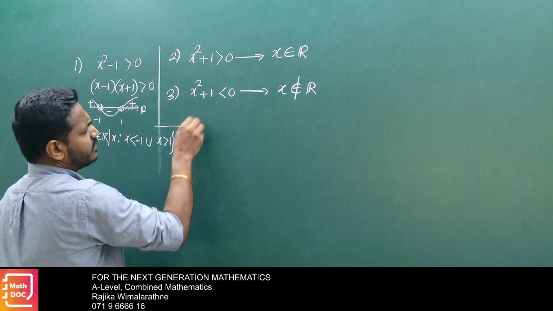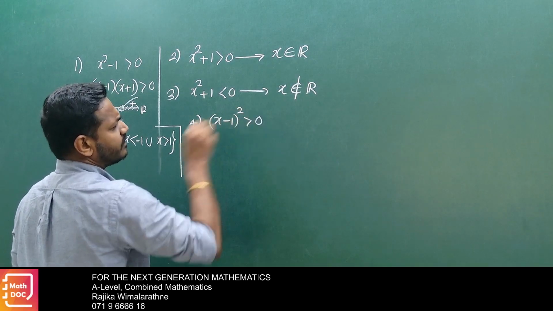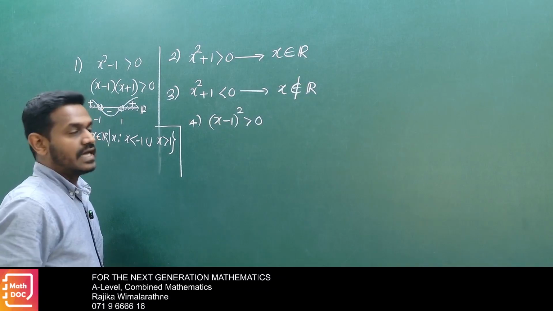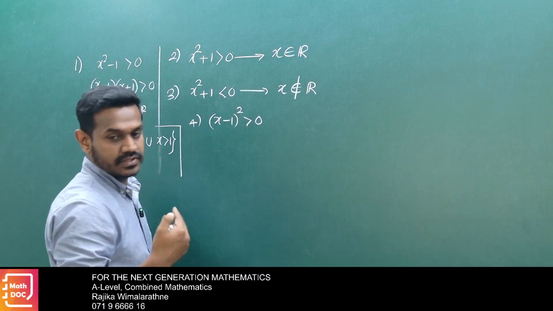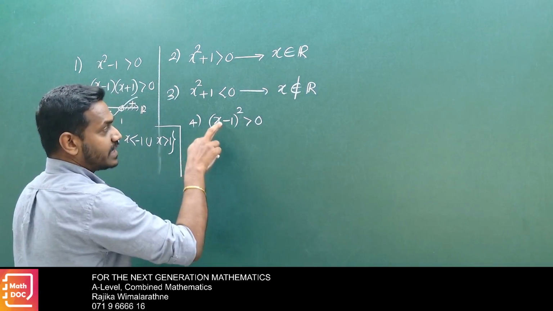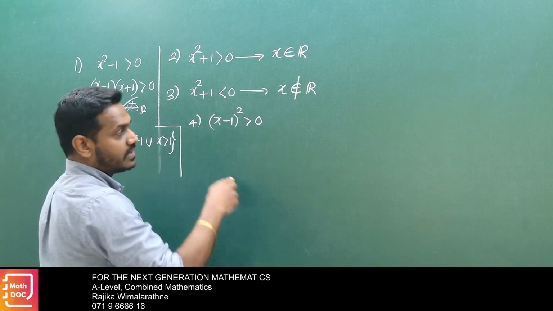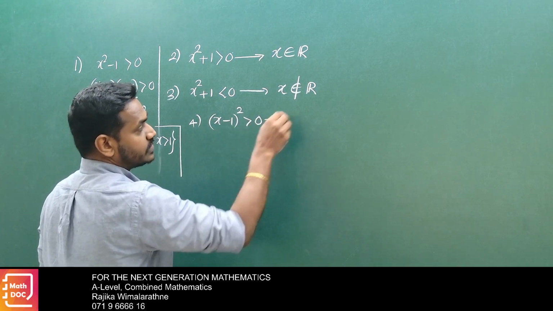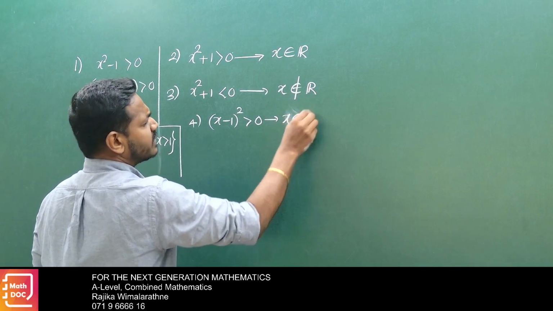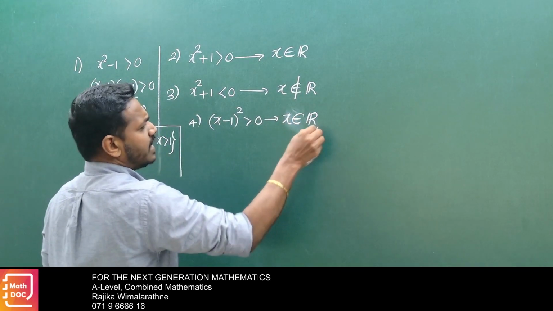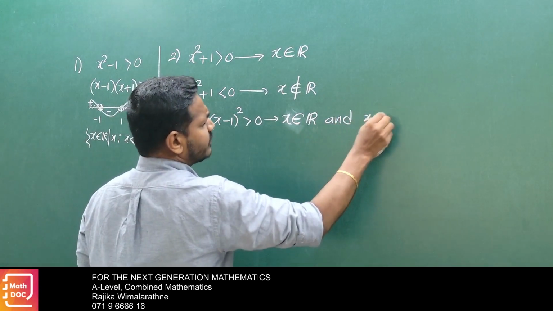Then the fourth one, see x minus 1 square greater than 0. We know a perfect square term is positive or 0, no? So when you put x equal 1, then that is 0. All the other cases are positive. Therefore, for this case, the solution is any real value, x element of real set and x not equal 1, no?